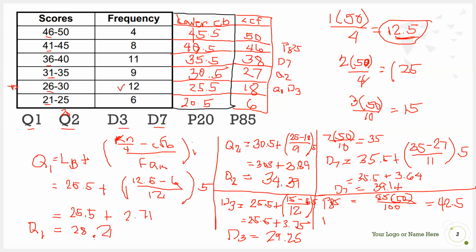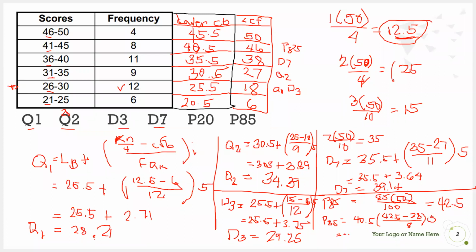So, let's solve P85. Ano ang lower boundary niya? 40.5. Correct. 40.5 plus the quantity 42.5. Ano yung lower niya? 38. Anong frequency niya? 8. At ang class size natin ay 5.